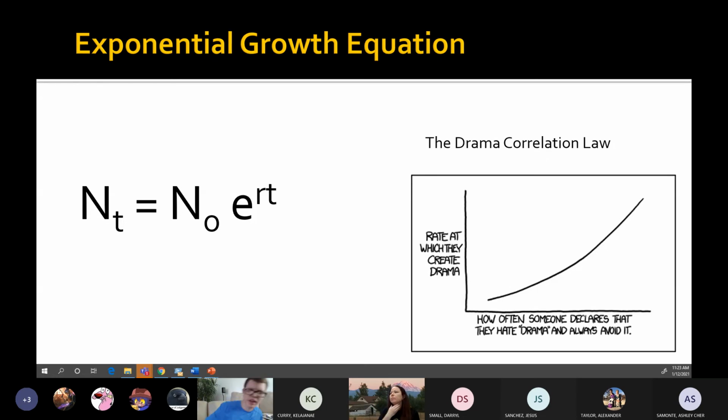Where do we write this equation? In the box that says equation? Yep, or the one under it that has the N naught.